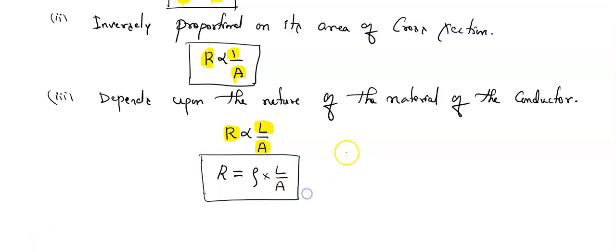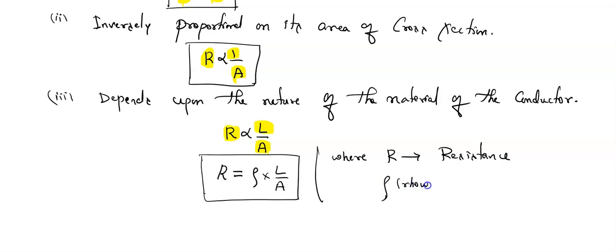Here in this case we know that R is resistance, and this is rho. What do we call it? Rho is nothing but resistivity. Understood?